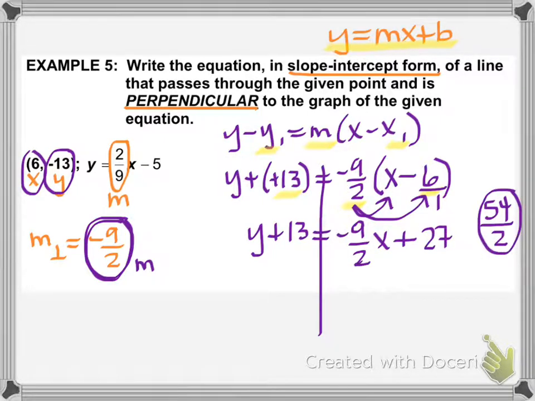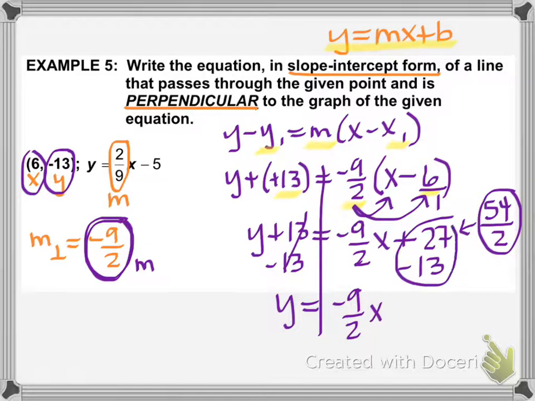So this 27 came from the 54/2. All right, so we distributed. Now we're going to move that plus 13 to the other side by subtracting it from both sides. So y equals negative 9/2 x, and then 27 minus 13 is positive 14.